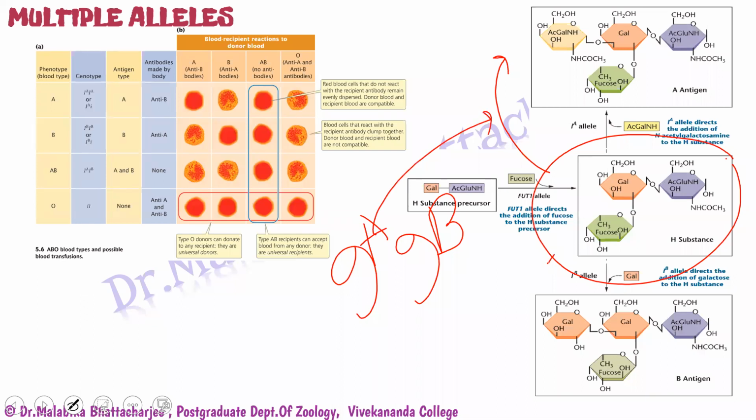And for 50 molecules, IB will provide the glycosyltransferase, and that will add galactose to the H substance. And thus, the AB blood group will have the A antigen as well as the B antigen on the surface of their red blood cell.